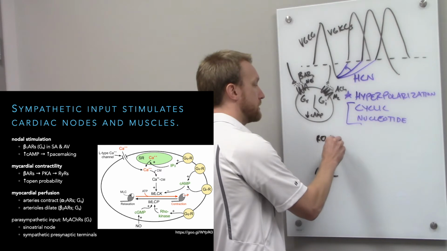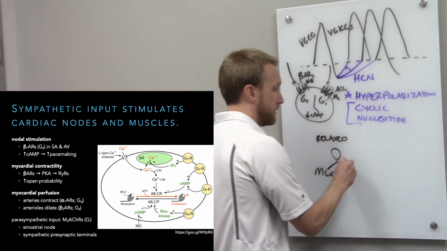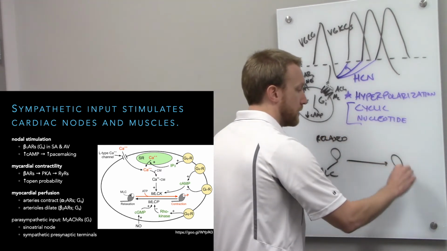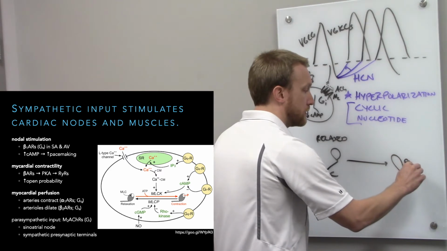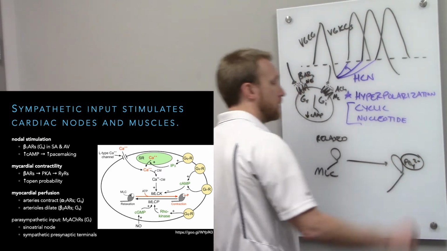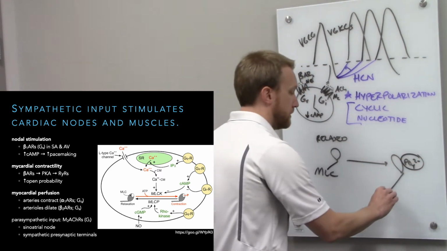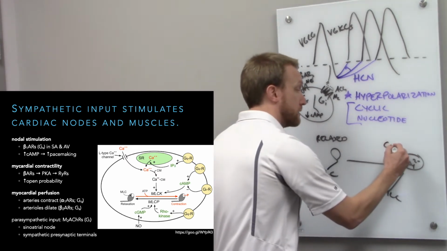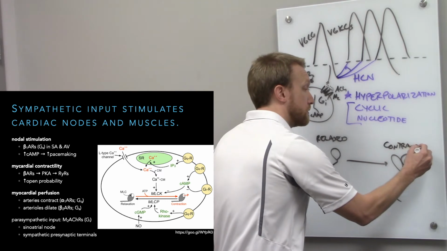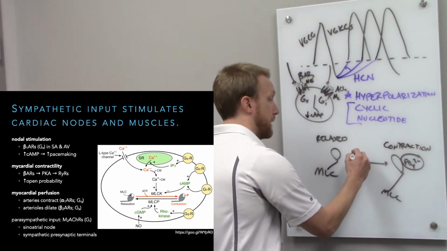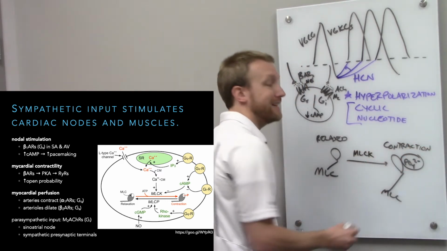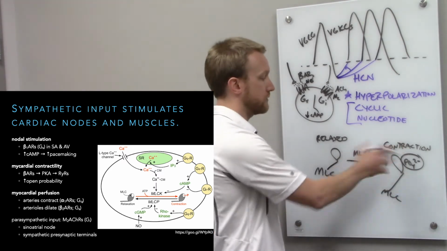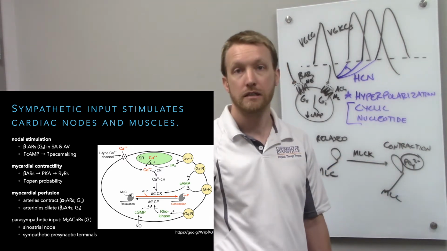It can't interact as well with actin. But whenever we phosphorylate myosin light chain, now it can interact with actin, and so we get contraction. Myosin light chain kinase is the kinase that phosphorylates myosin light chain. It's nice how that works out.